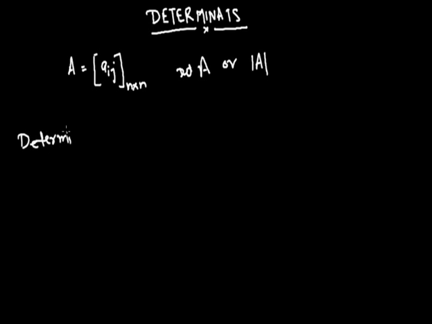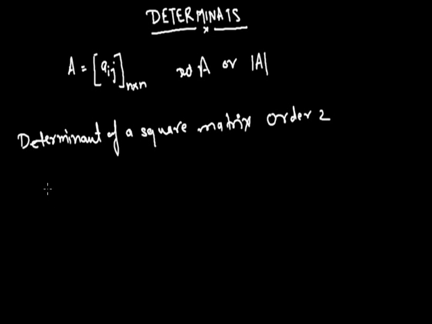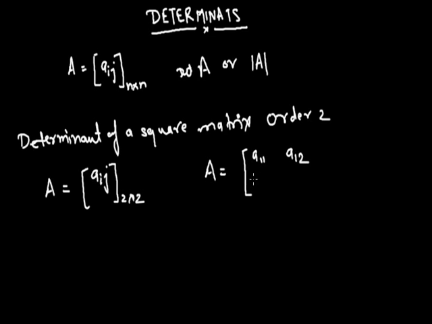Determinant of a square matrix of order 2. The matrix of order 2 is Aij, 2 by 2: A11, A12, A21, A22.